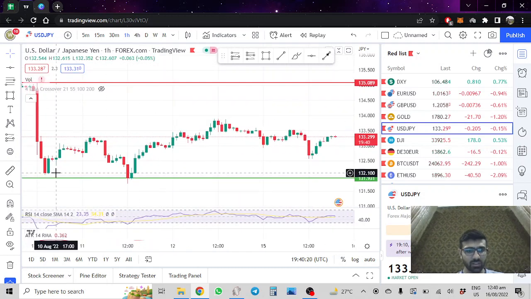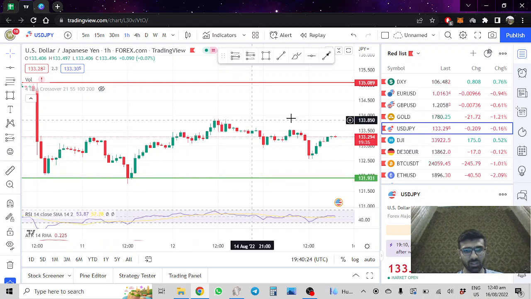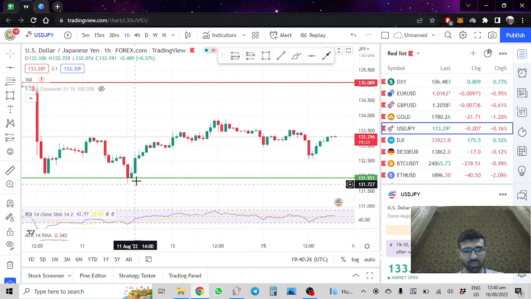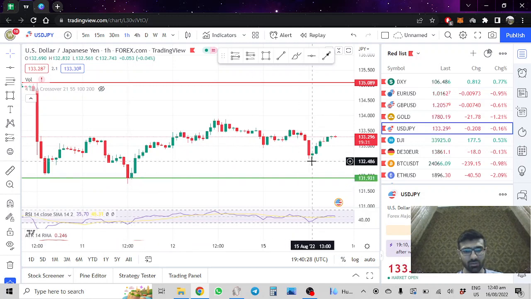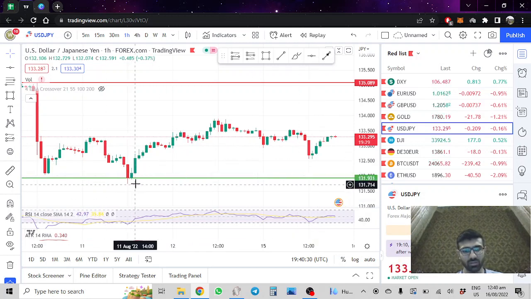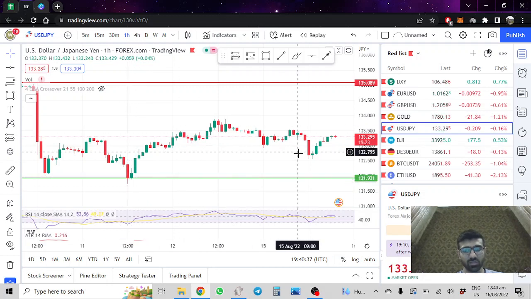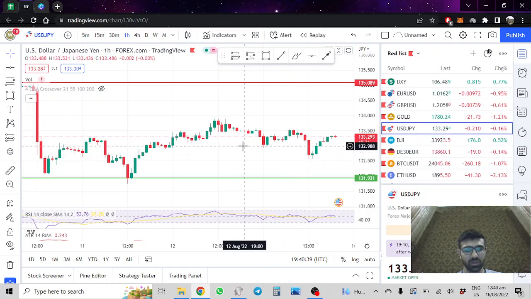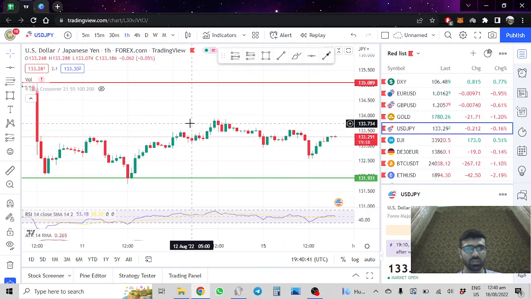The market came here, closed below this area and went up. Now let's see if this area is taken out again or not. If the market has to go down, it has to take out this area. This is the liquidation low in H1 and even in the H4. So we have to wait and watch.